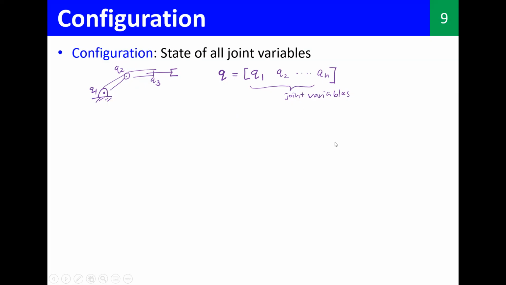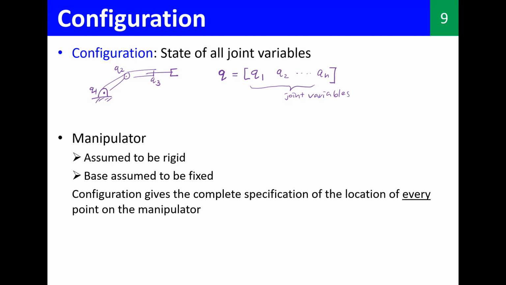And also remember, some Qs will be angles, measured in, let's say, radians, and some Qs might be distances, not measured in meters, but something like centimeters, because meters would be too big a translation for the manipulator.